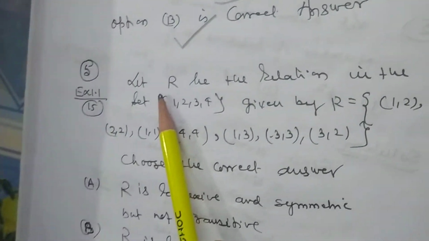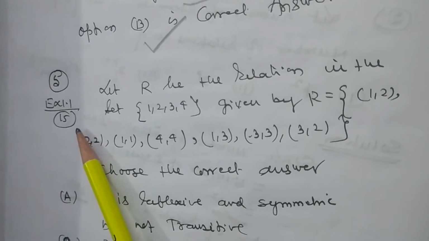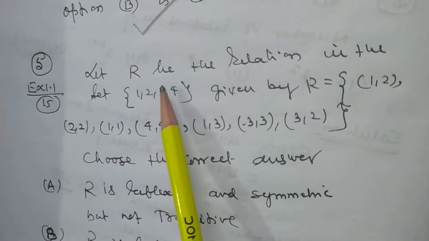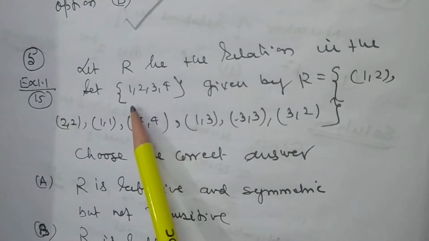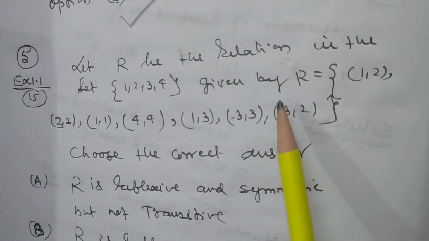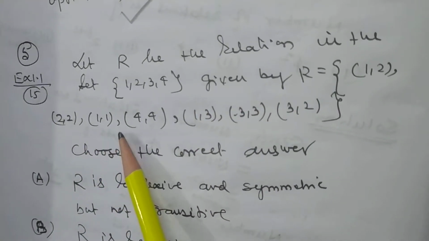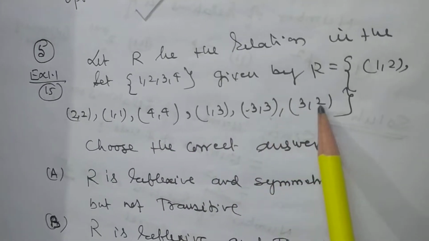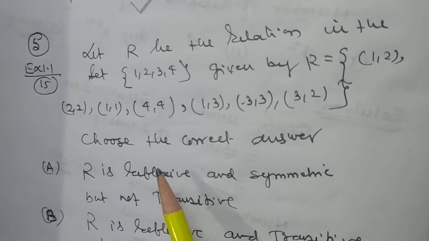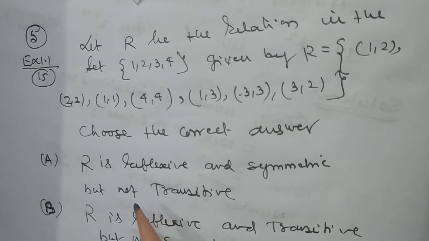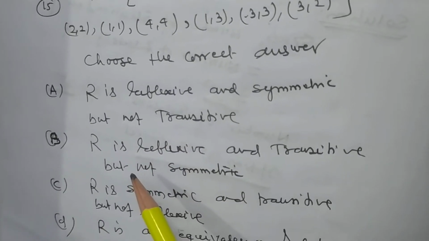Problem number 5, Exercise 1.1. Let R be the relation in the set {1, 2, 3, 4} given by R equal to the collection of elements (1, 2), (2, 2), (1, 1), (4, 4), (1, 3), (3, 3), (3, 2). Choose the correct answer. R is reflexive and symmetric but not transitive.